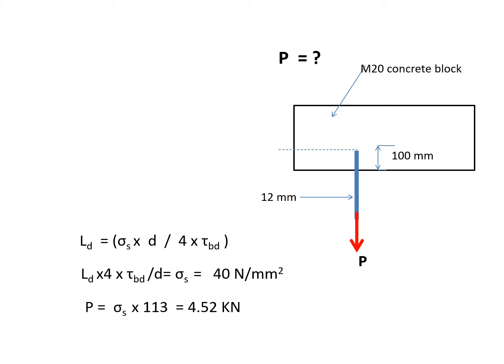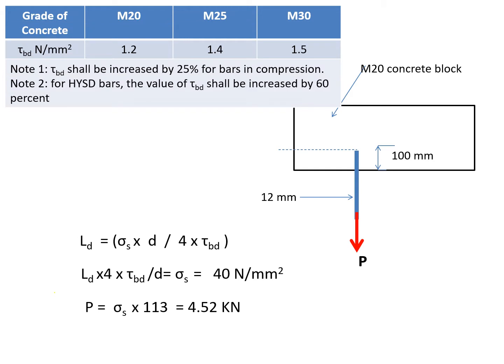I reshuffle the formula to get sigma S. Now LD is 100, tau BD is from the previous chart, which is 1.2. Then D, the diameter of the bar, is 12, so you get 40 Newton per mm square. And then P will be this stress into the area of a 12 mm bar, that is 113.